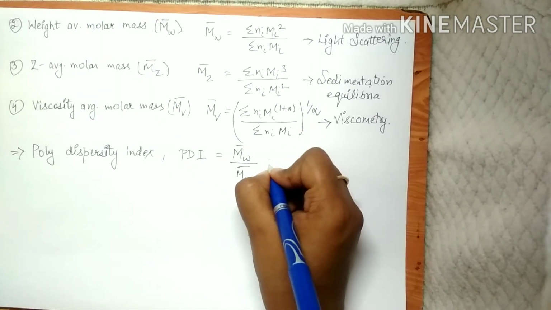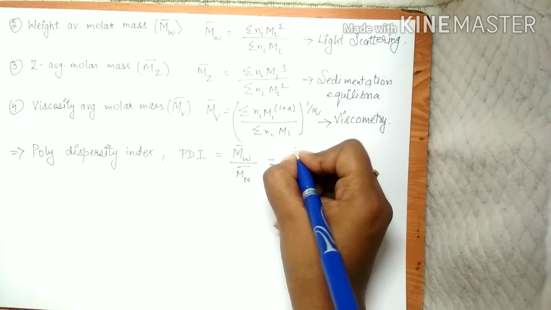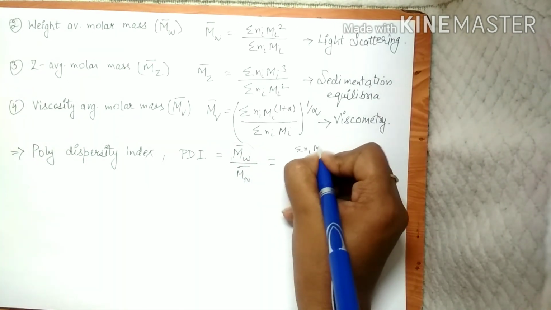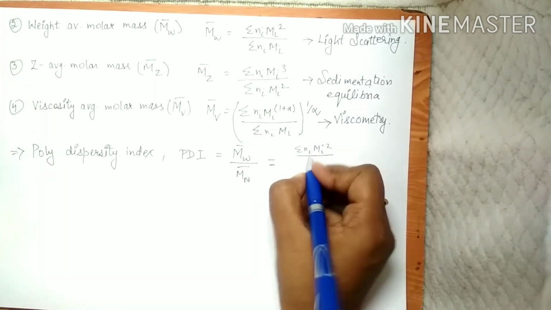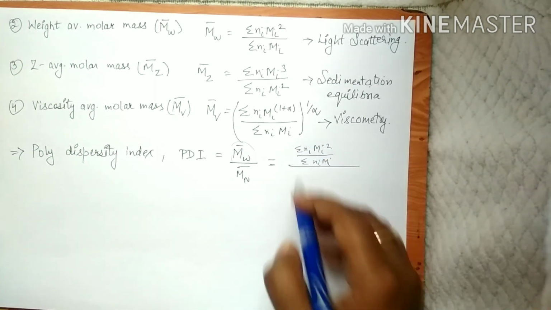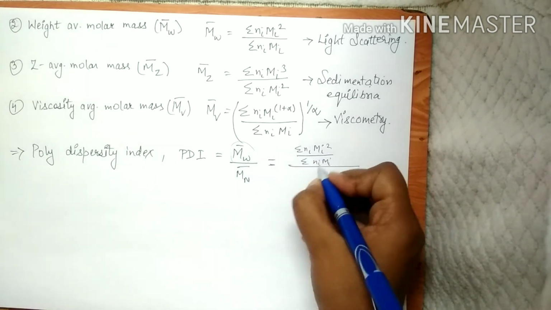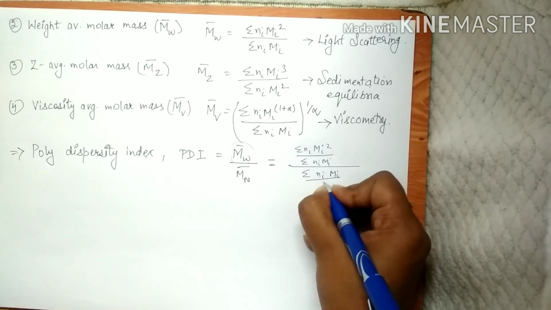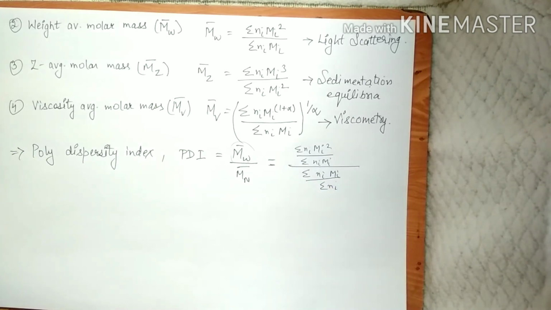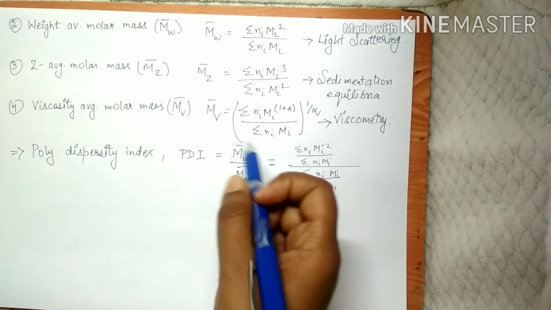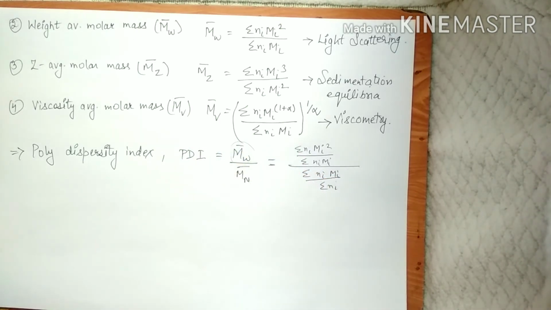So putting the values of both of these, we'll get value of Mw bar is sigma Ni Mi square upon sigma Ni Mi. Okay, this is the value for Mw bar, and for Mn bar the formula is sigma Ni Mi upon sigma Ni. Okay, so here you can put the values of Ni and Mi's, so you will get the value of polydispersity index.